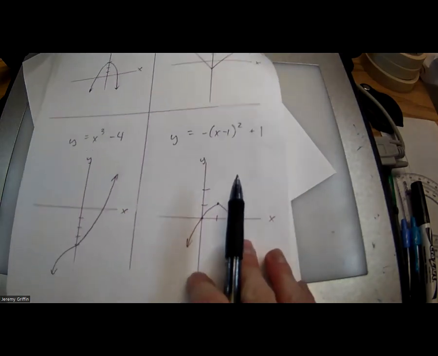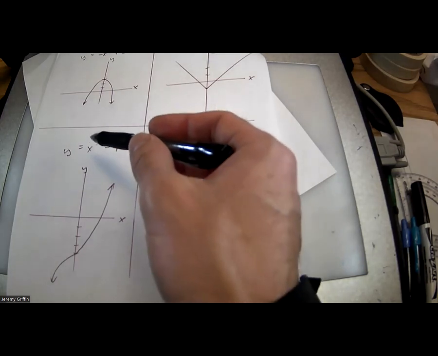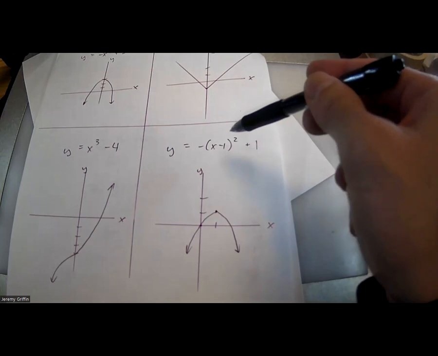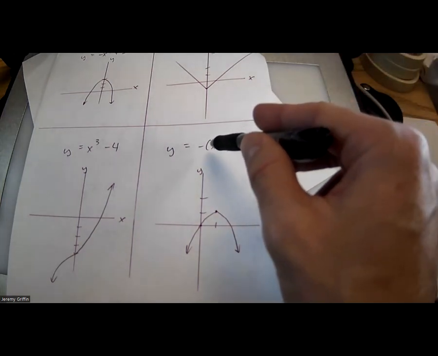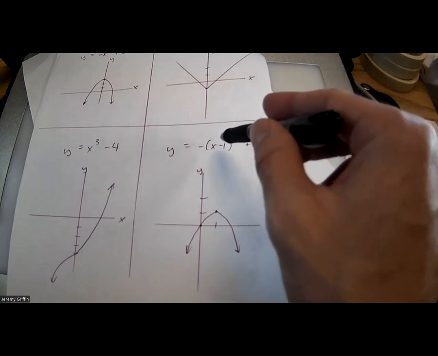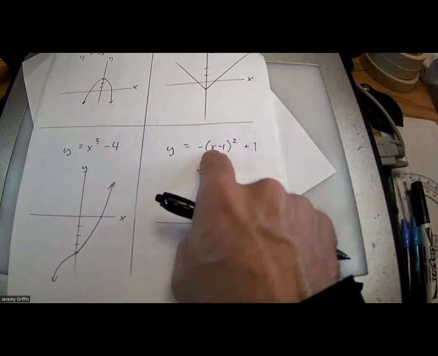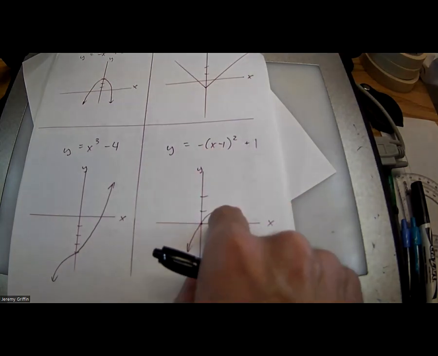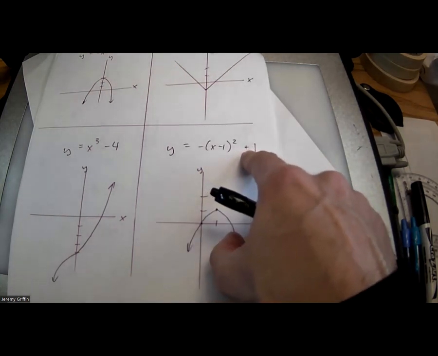Option C, the cubic, X cubed minus 4. Yeah, if you plug in like 100 for X, then it's definitely above 2, right? But this last one, okay, what have we got here? X minus 1 quantity squared. So that has something to do with the parabola shifted to the right 1, flipped upside down because of this negative, and also shifted up 1 because of this plus 1.